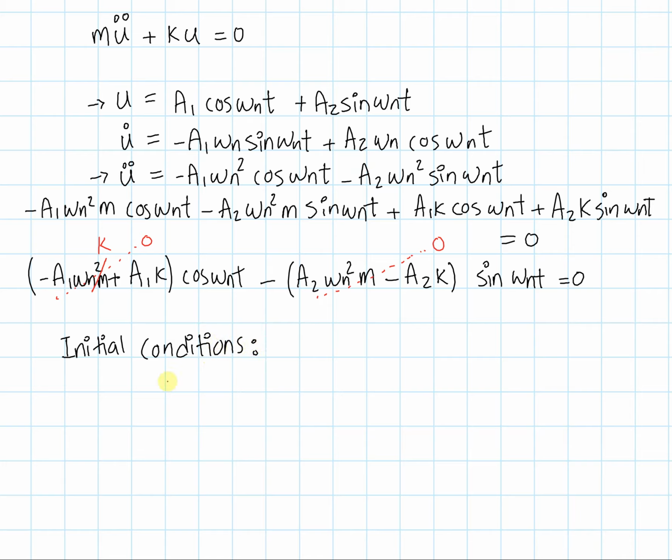And with initial conditions, what it really means is at time 0, we have some sort of position, some sort of displacement, and we can call it u naught. And at the same time, we can have some sort of initial velocity. We call it v naught.